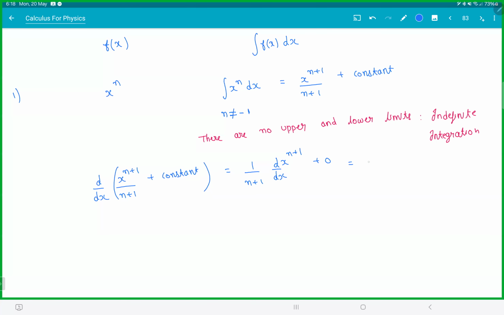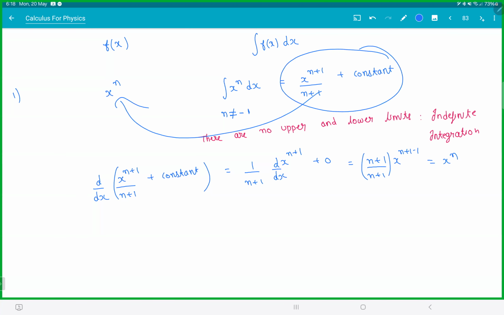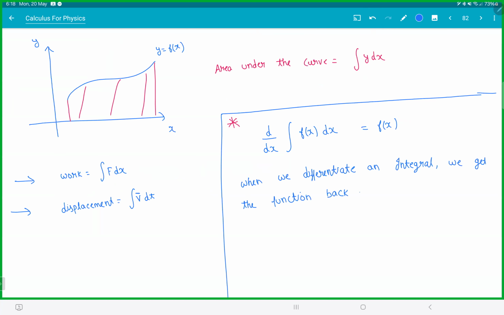The constant derivative is 0. This is n plus 1 by n plus 1 x power n plus 1 minus 1. This is x power n. Did you see? If I differentiate this result, I should get this back. Are you getting the logic here? That's what I was teaching you, anti-differentiation.